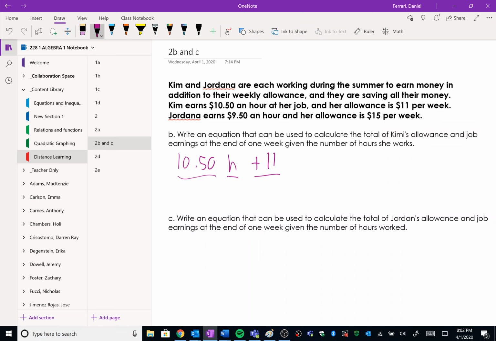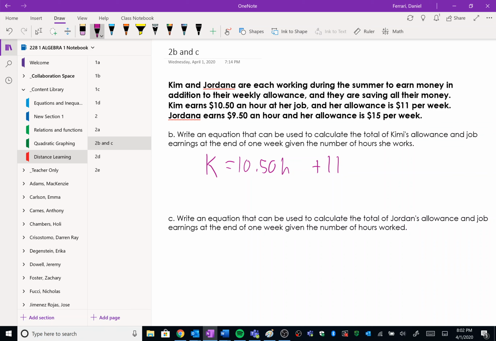And that's going to represent the equation, because then all I would need to do to use this equation to figure out how much money she made is plug in a value for H. The one thing I'm missing here is that I need to make it equal to some variable. Because this one is Kim, I'm going to make it equal to K, because that's what the table said to make it equal to.